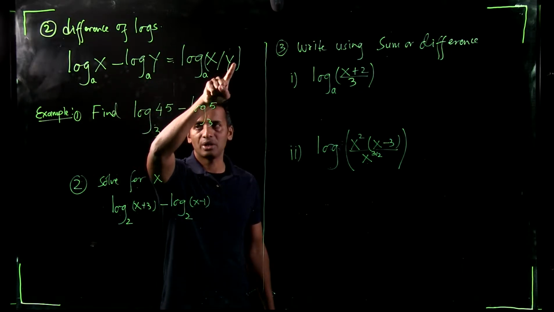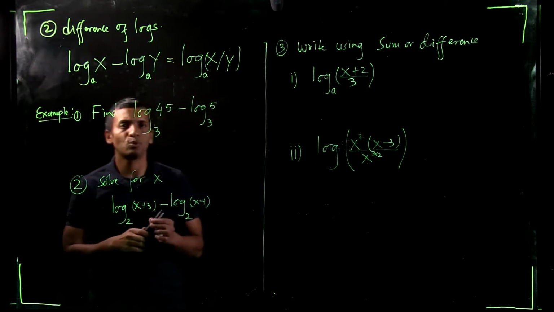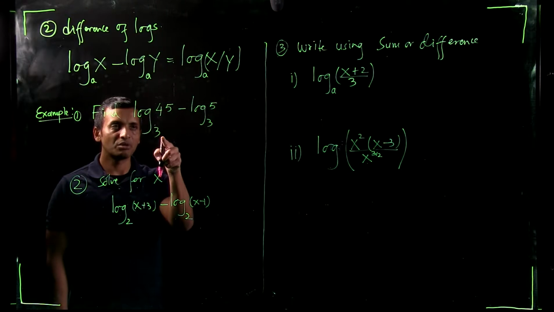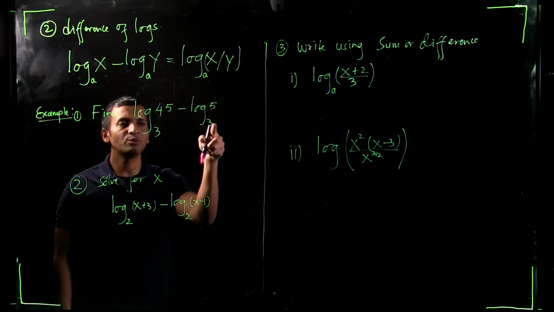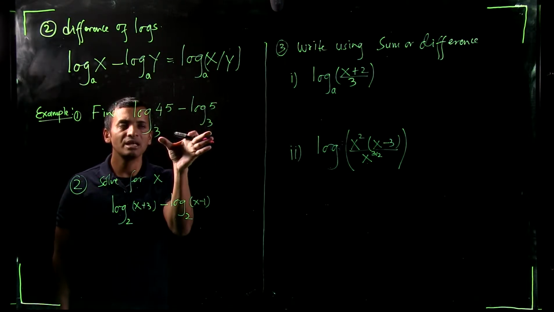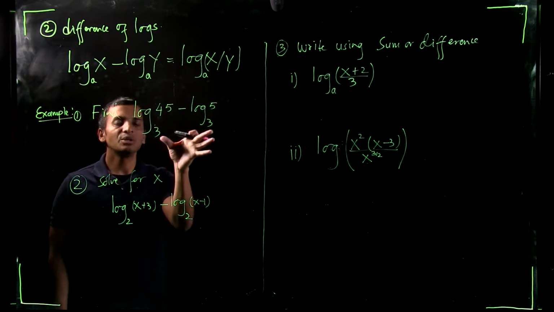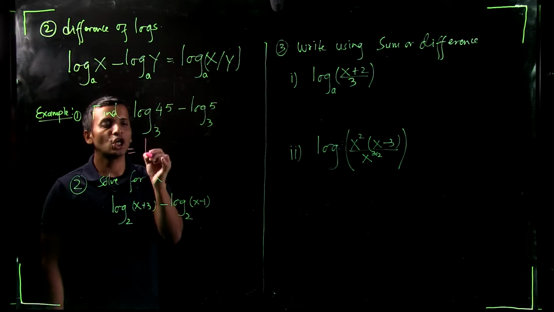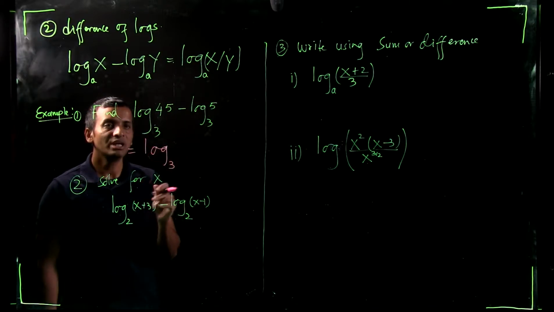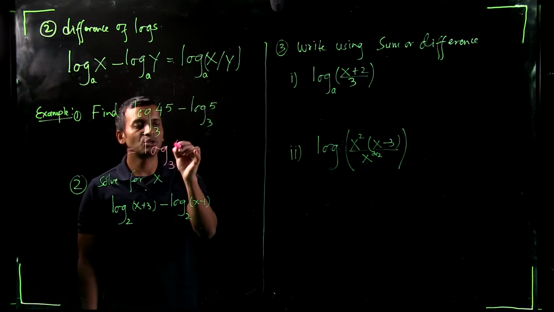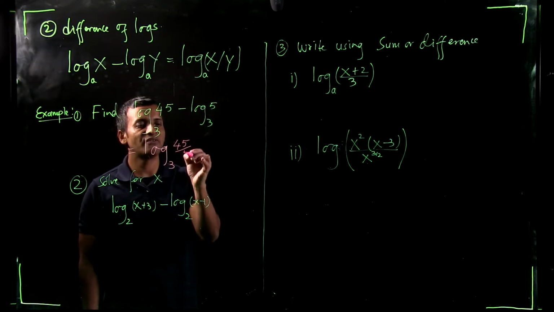For example, in example 1, there is log 45 with base 3 minus log 5 with base 3. Since they have the same base, and the logs do not have any number before them, you can combine them and write a single log base 3 of 45 divided by 5.